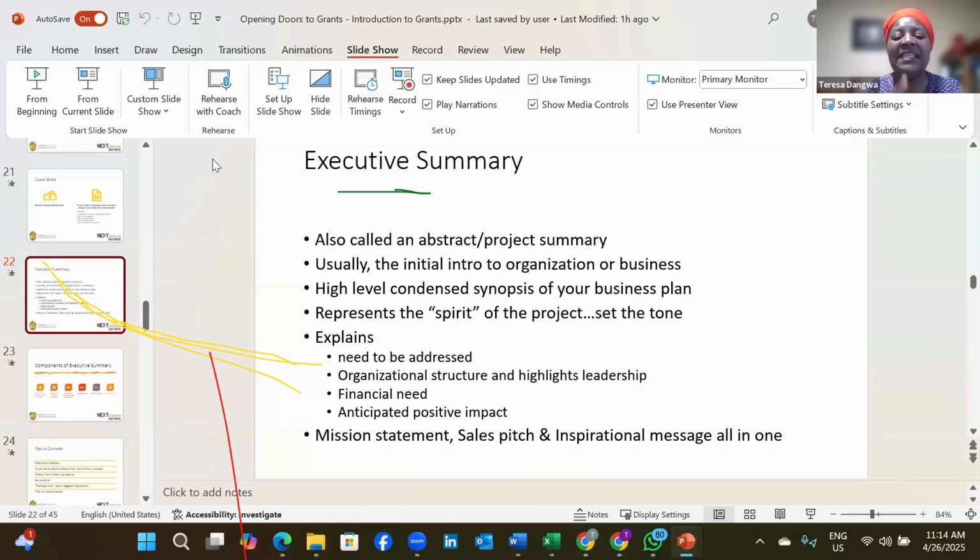It explains the need to be addressed, the organizational structure, and highlights leadership, financial need, and anticipated positive impact. It also includes your mission statement. Your executive summary is also a sales speech and an inspirational message, all in one.